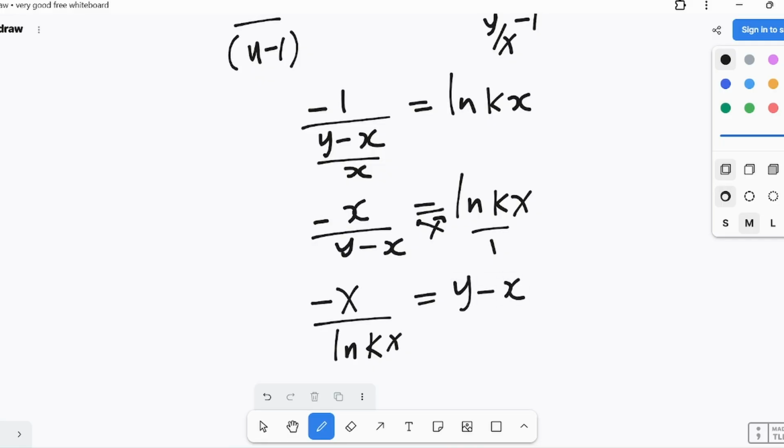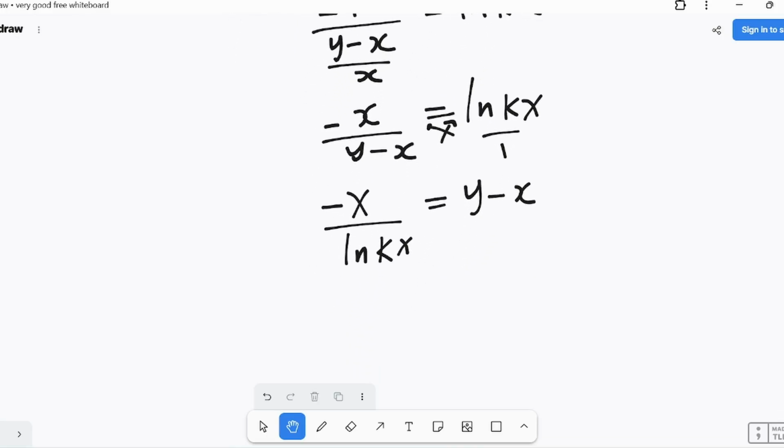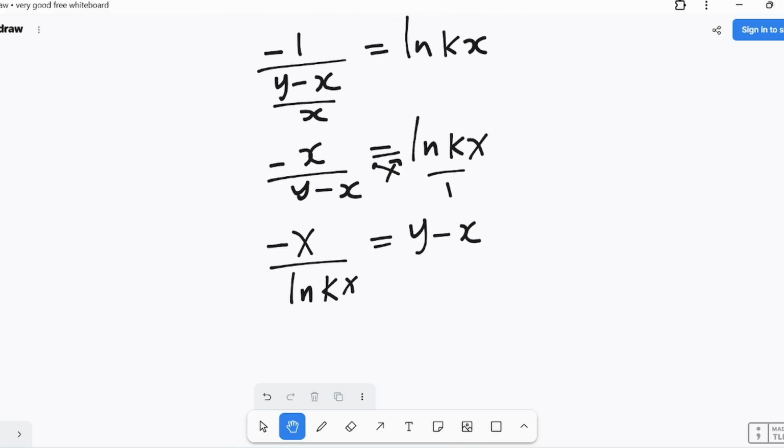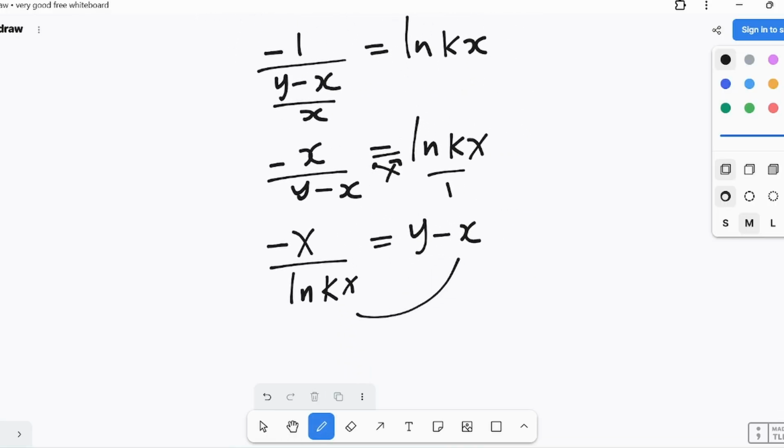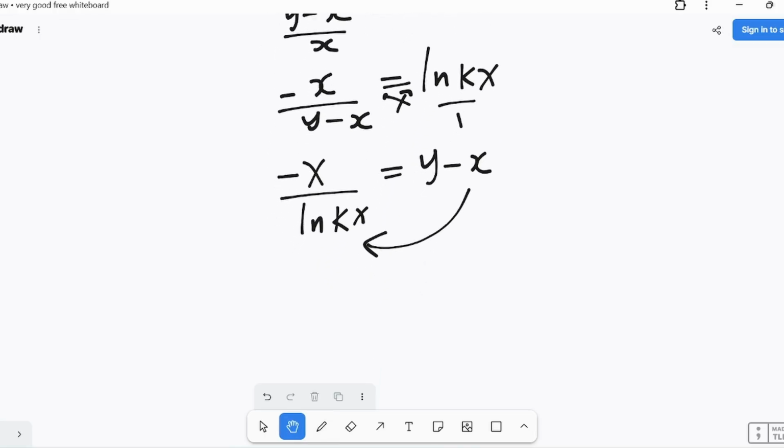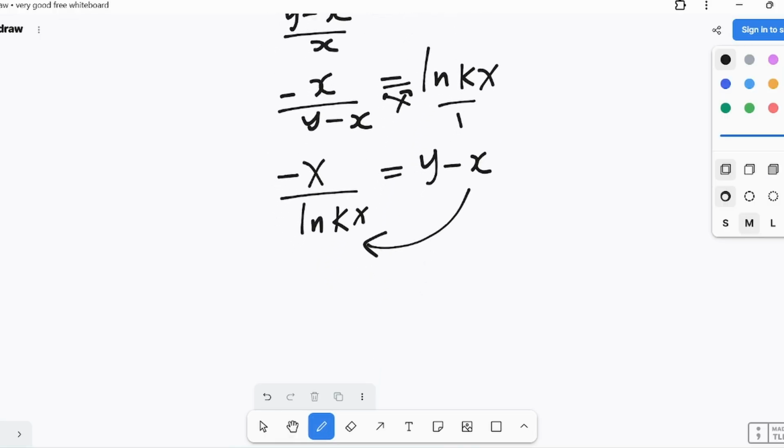Remember, our main aim is always to get y where it originated. So we can take this side. When you take that side, we shall have negative x out of ln kx plus x will equal to y.